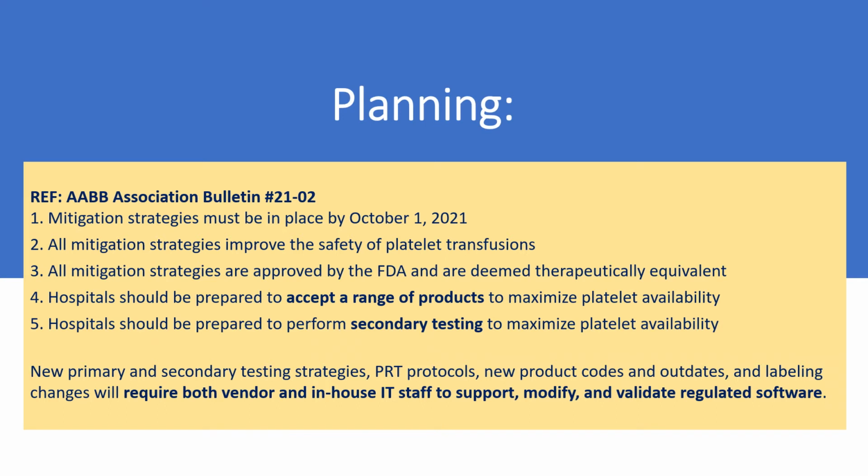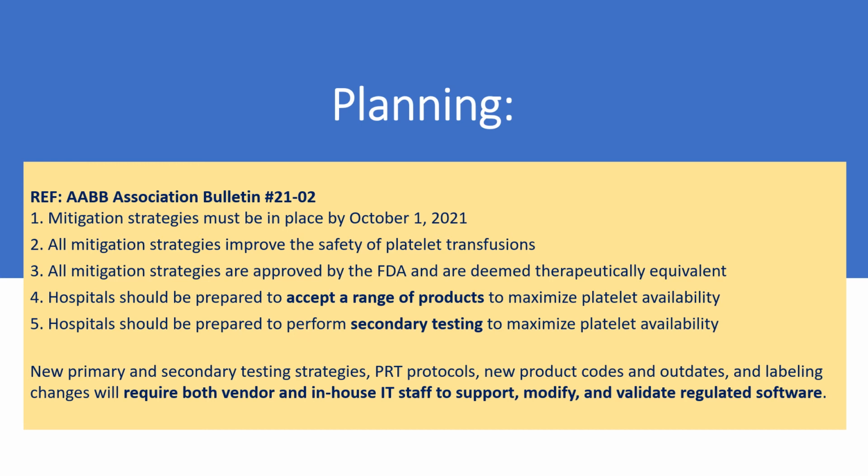Earlier this month, AABB published a bulletin to its members which laid out the impact the FDA guidance will have on donor centers and transfusion services. These 5 key points were stated. 1. Mitigation strategies must be in place by October 1st, 2021. 2. All mitigation strategies improve the safety of platelet transfusions. 3.